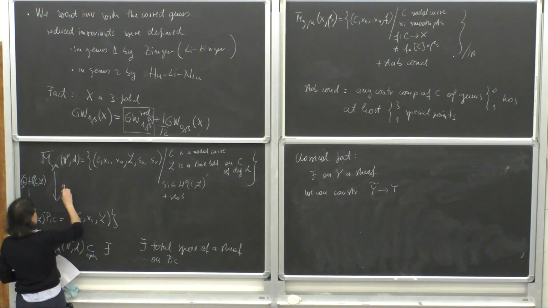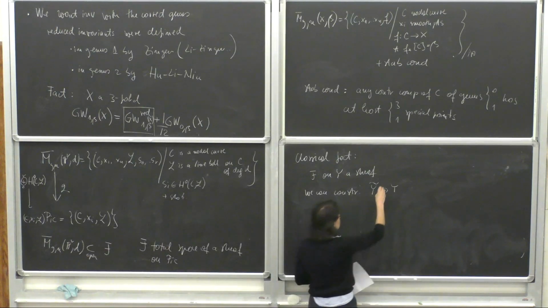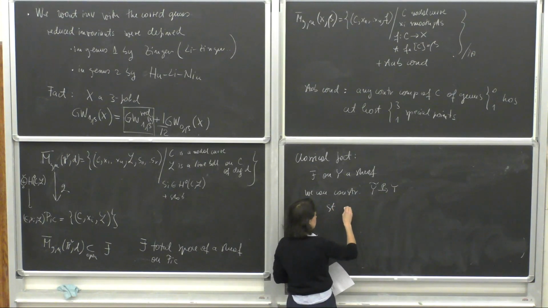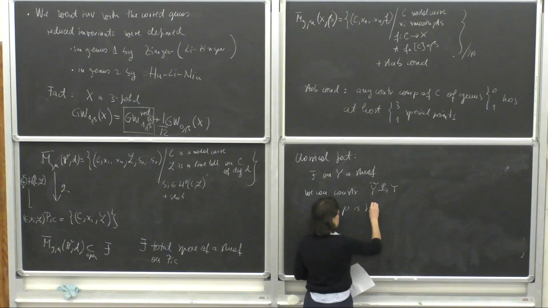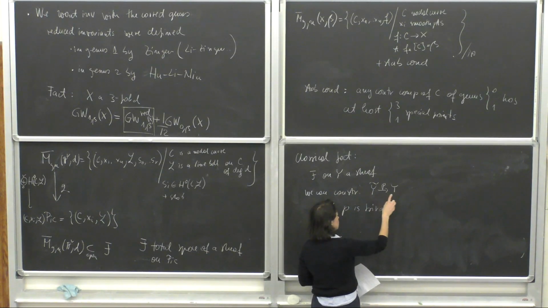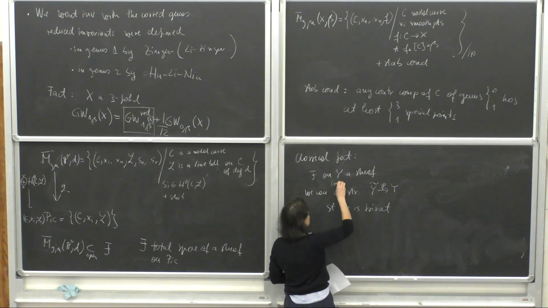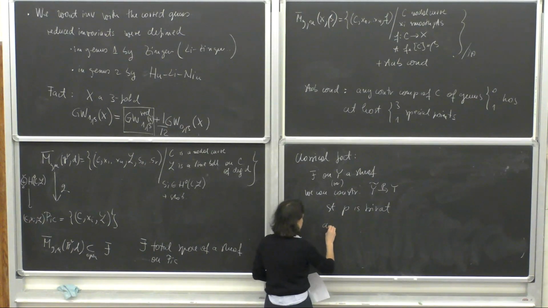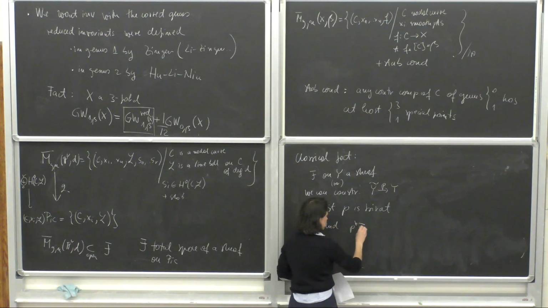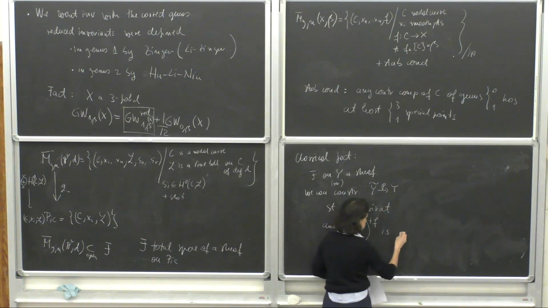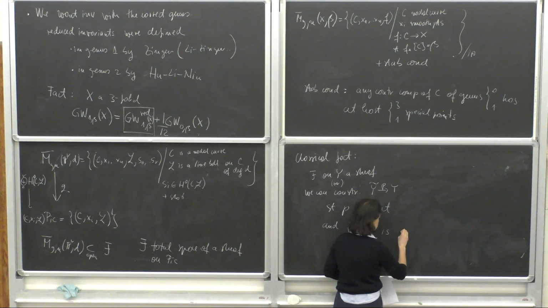Maybe I call it Q before I get confused. Such that P is birational. So it means that P is isomorphic on a dense set. So this is a variety. And the pullback of F, so this will again be a sheaf, I can look at the torsion-free part, which is a vector bundle.